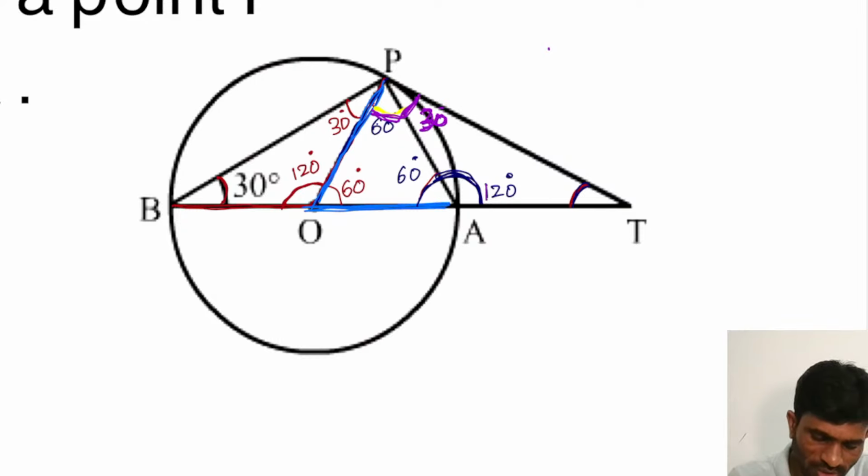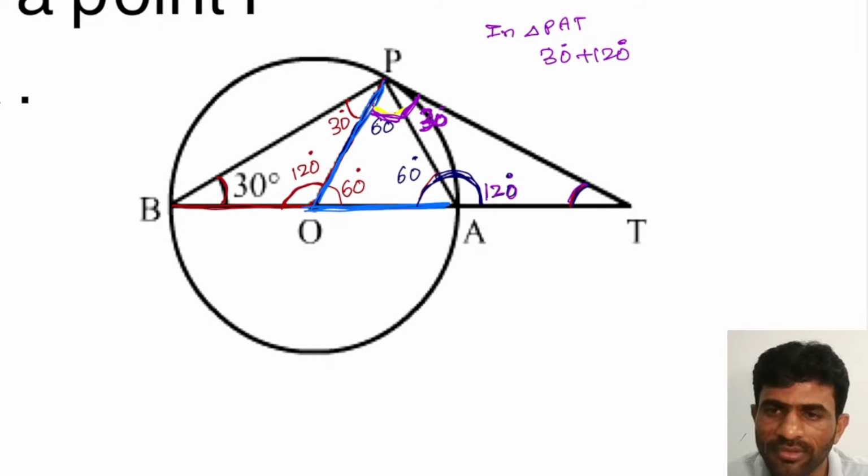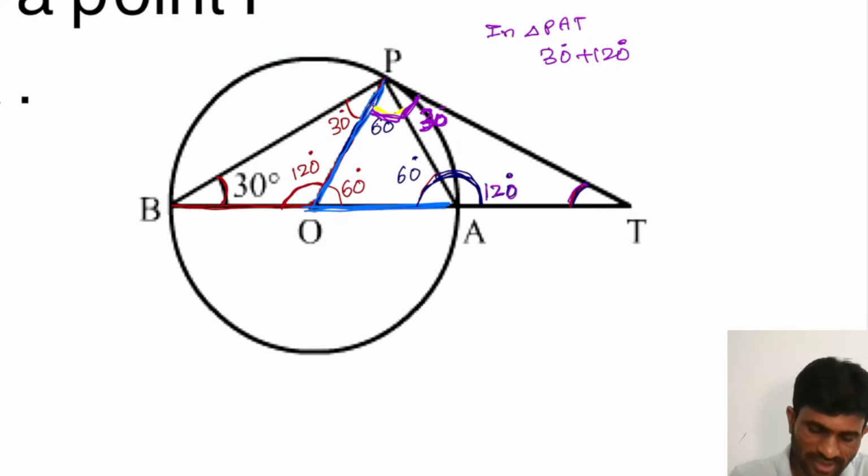Outside it is 30 and this is 120. So in this triangle PAT, we already got two angles. One is 30 and one more is 120. So what is it at P here? Yes, it is 30 degrees.